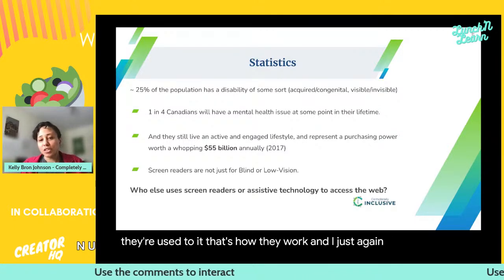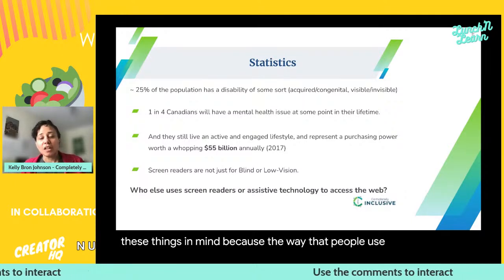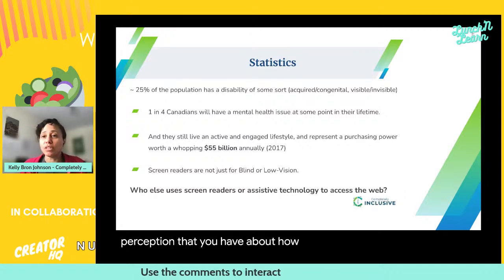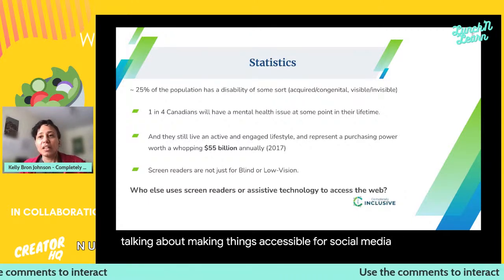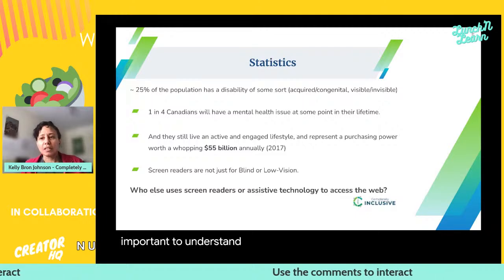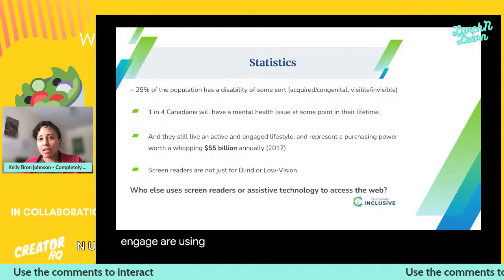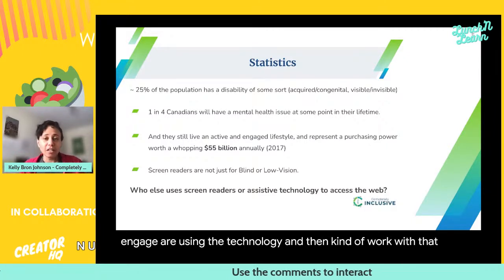And I want you to keep these things in mind, because the way that people use technology might not be the idea or the perception that you have about how they're using it. So when we're talking about making things accessible for social media, it's really important to understand why or how the people that you're trying to engage are using the technology, and then kind of work with that.